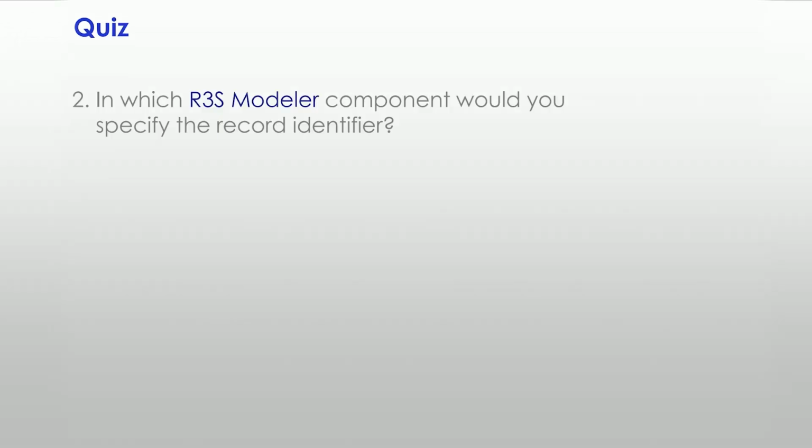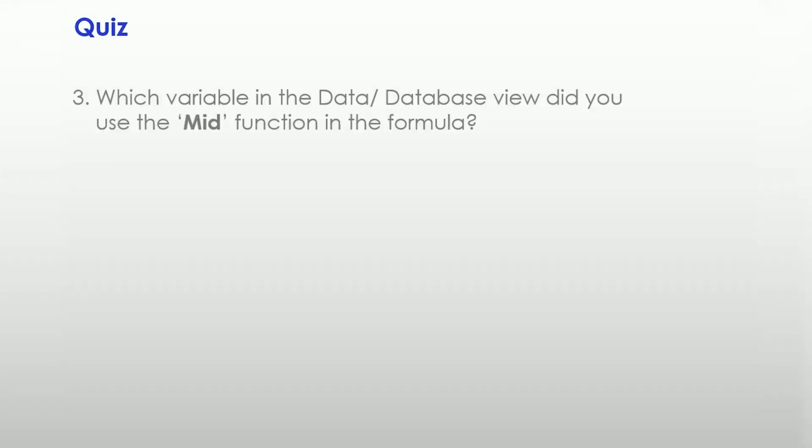Question number 2. In which R3S Modeler component would you specify the record identifier? The record identifier is defined as a property of the data source within the data process. Question number 3.